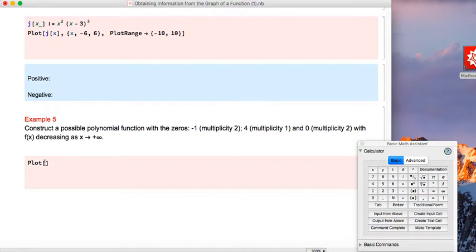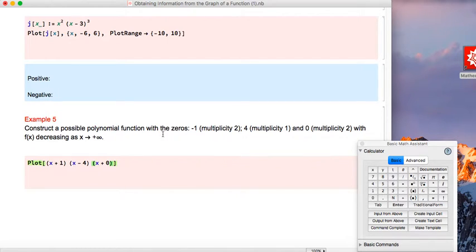With zeros -1, that means x plus 1, multiplied by 4, that means x minus 4, and also I have an extra 0, that means x, you could say x plus 0, or you just keep x. Adding 0 doesn't matter, so we're just x.